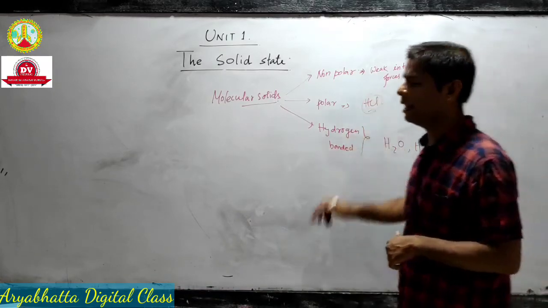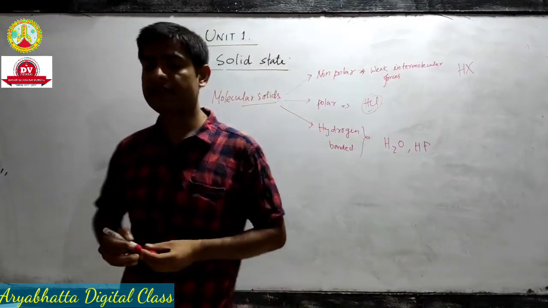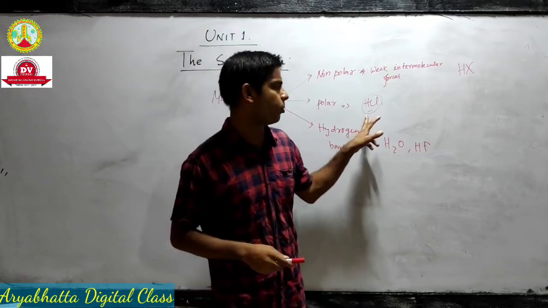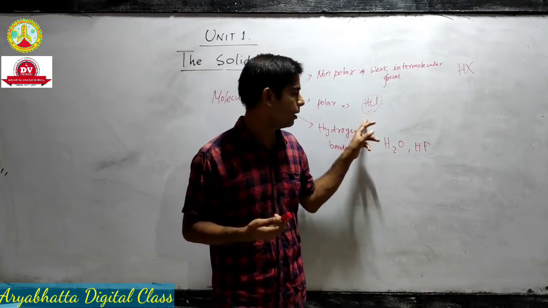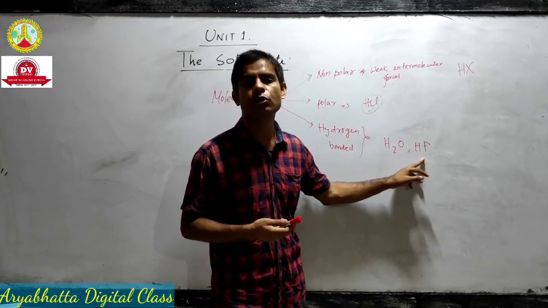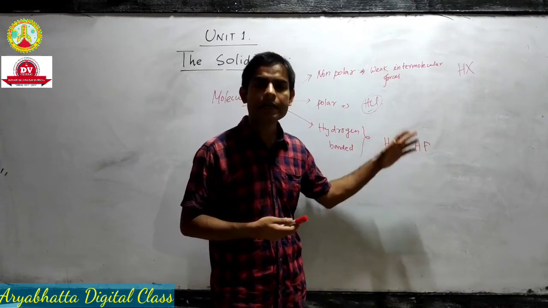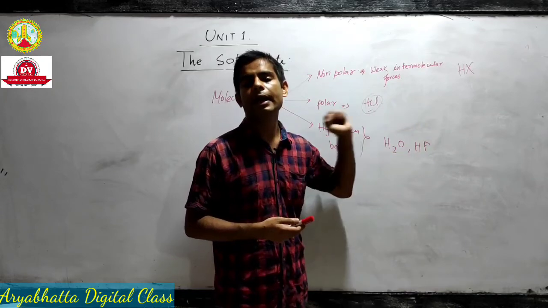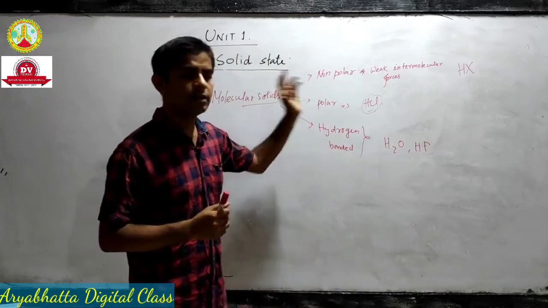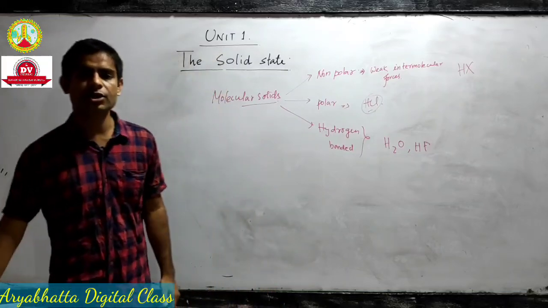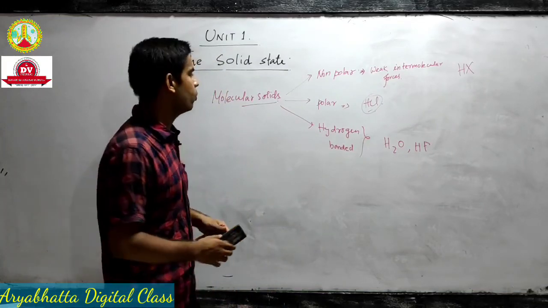Because HCl has no hydrogen bonding in it, it's just a polar solid. But HF has a hydrogen bond, and due to this hydrogen bond, it is liquid at normal room temperature. We will discuss a few more classifications in our next video.